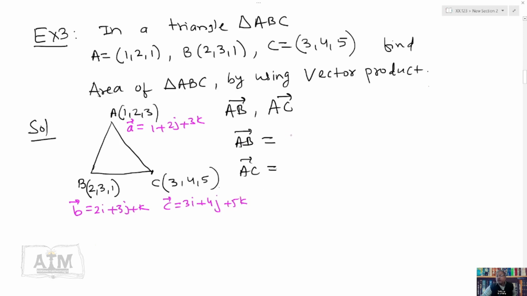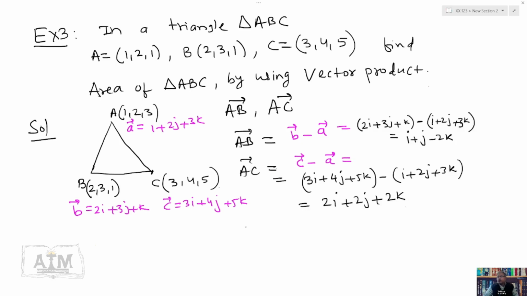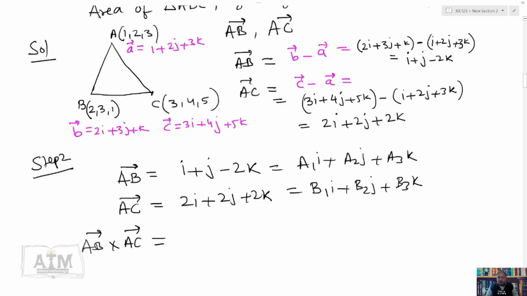To find vector AB, we subtract vector B minus A. To find vector AC, we take vector C minus vector A. So we got vector AB equals i+j-2k and vector AC equals 2i+2j+2k.